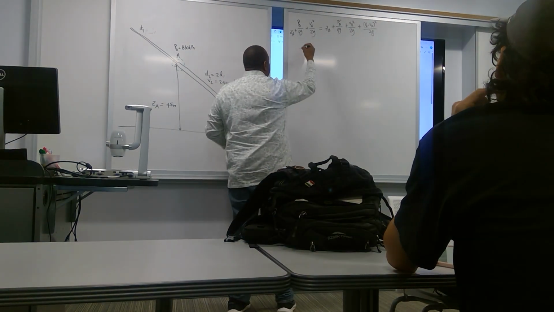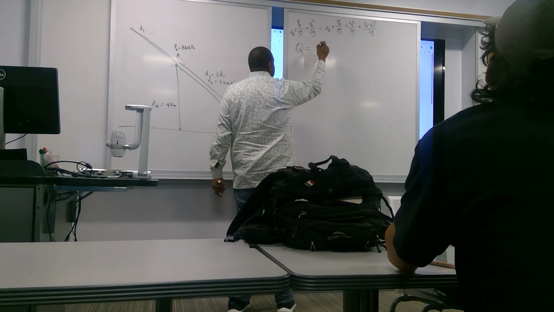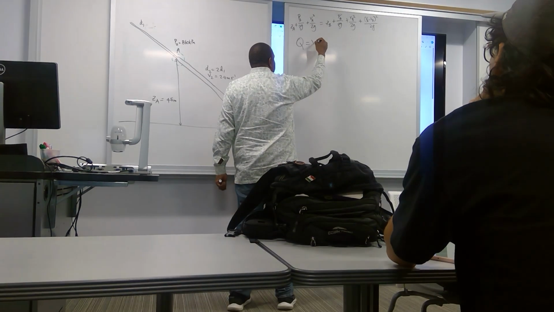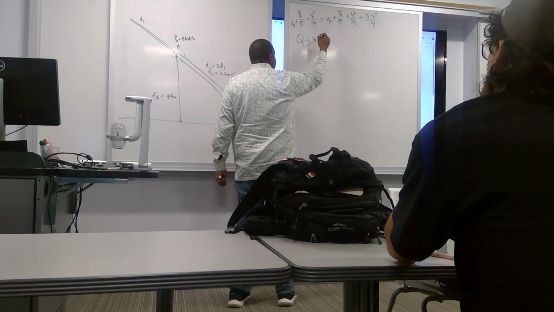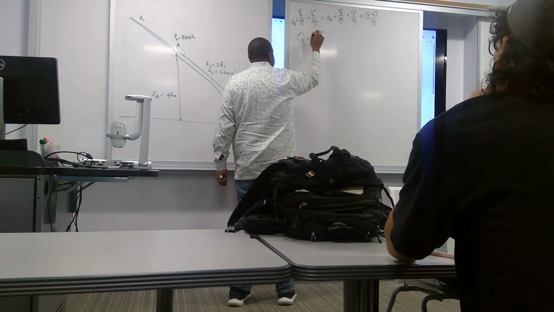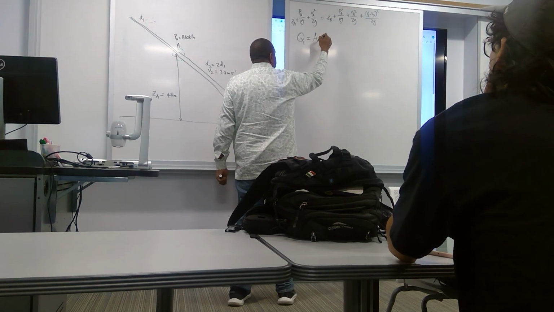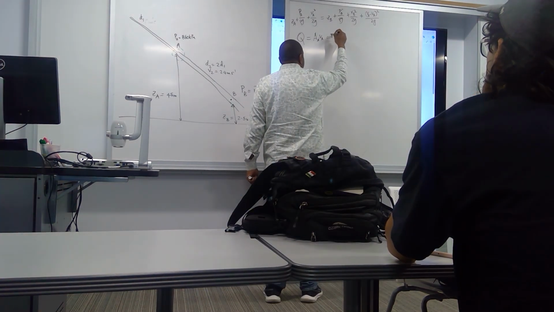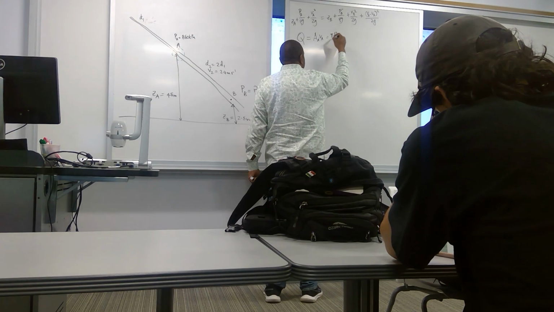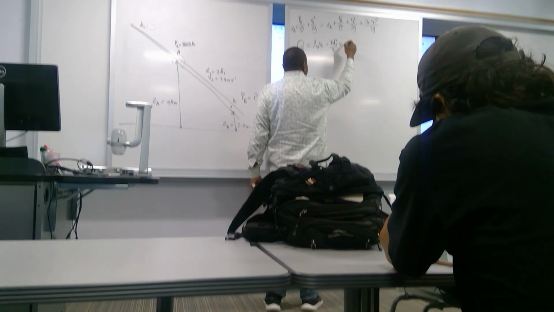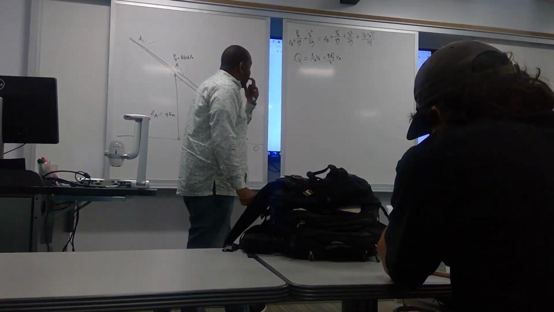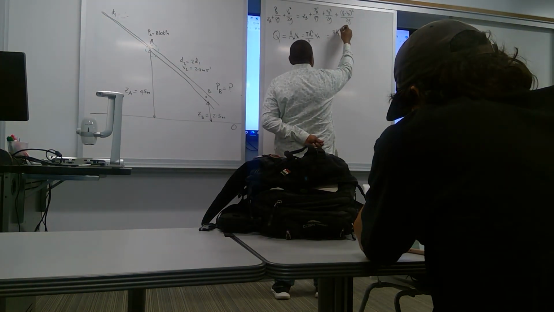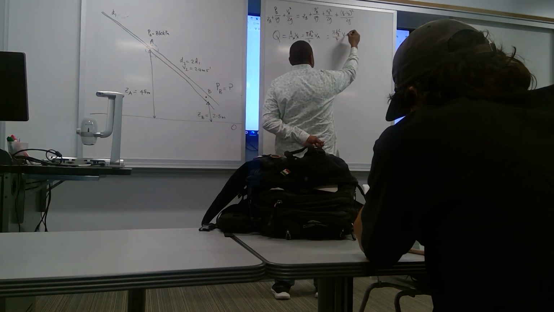So my Q is equal to A1 times VA, and I can do the same for VB, which is pi VB squared on 4 times VB.